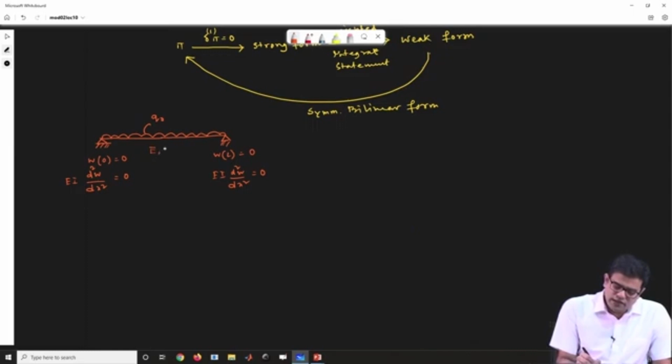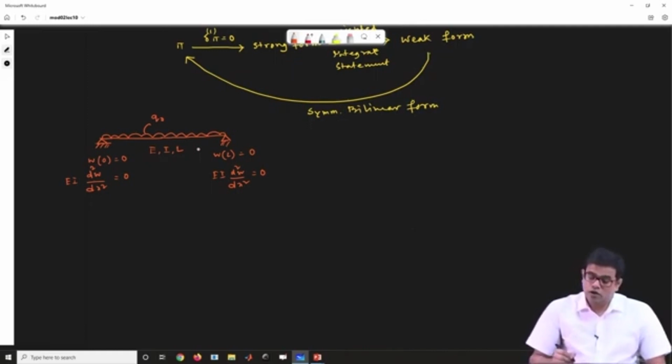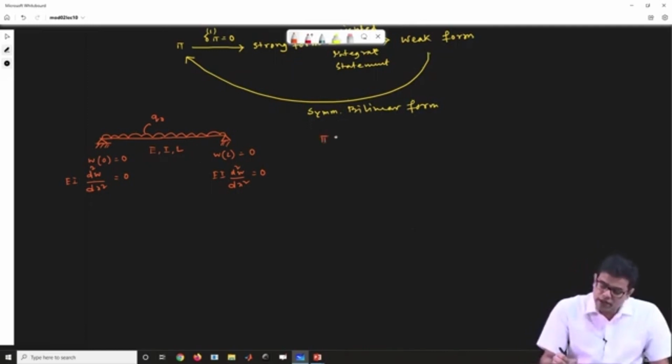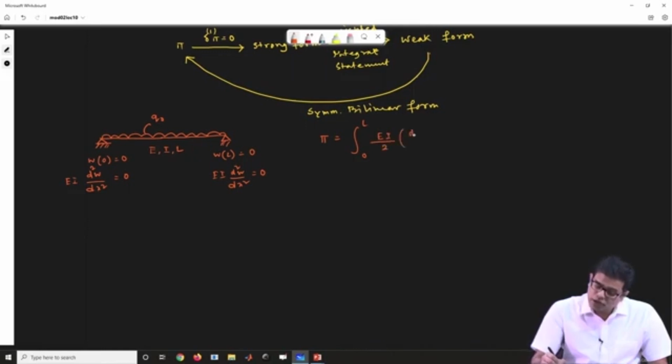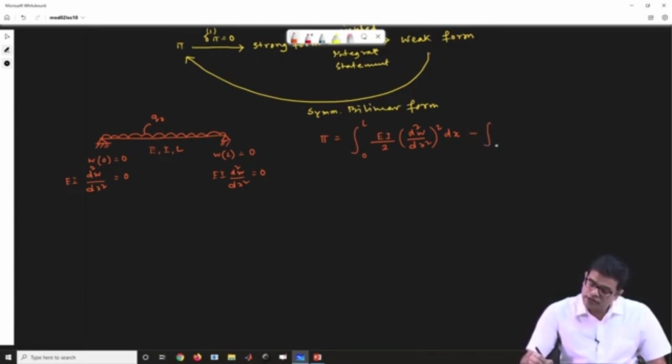Now in this case, what are the weak forms? The potential energy expression we know, that is integral 0 to L of EI by 2 into (d2W by dx2) whole square dx, minus the work done by the external force, that is Q0 into W dx.